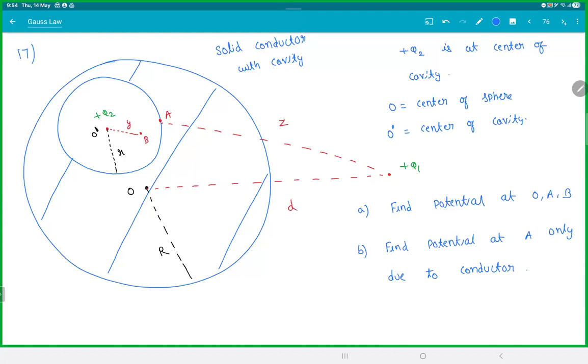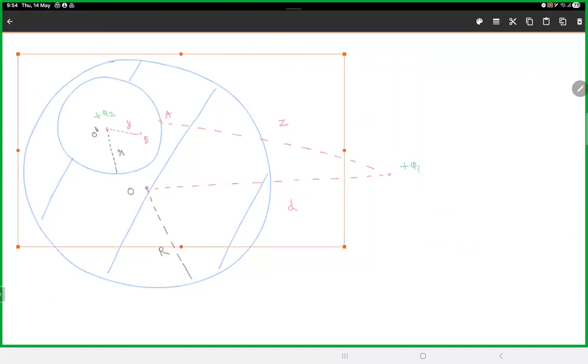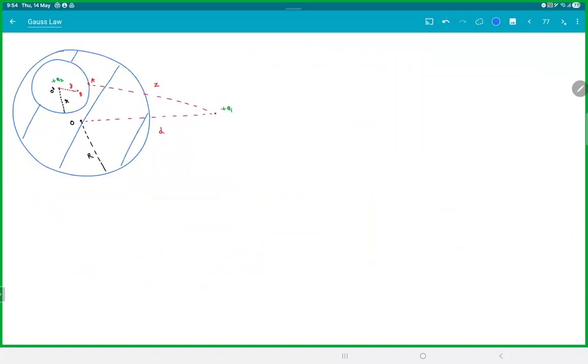Okay, let's see. B is an interesting one, though. See, let's draw the chart distributions.